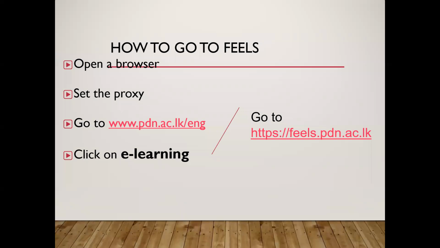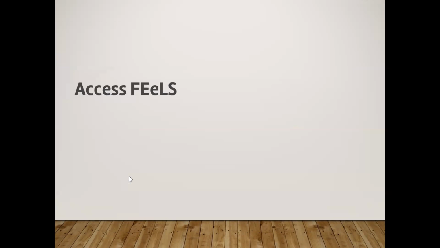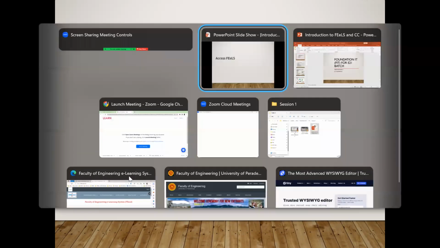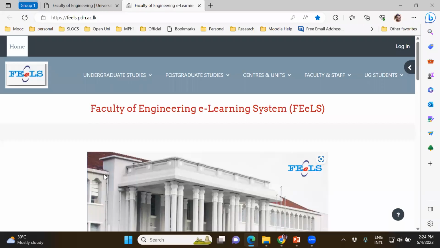So you can directly browse it and go to FIELDS, right? I think you have already done it, but as a formality, I will just introduce it. So this is our e-learning system, FIELDS, and how to log in.